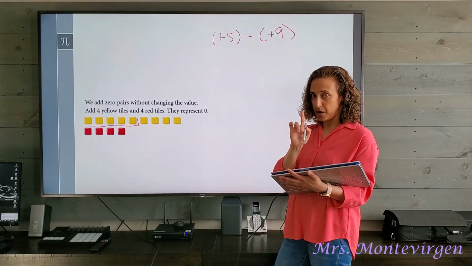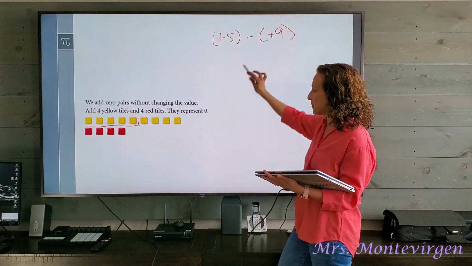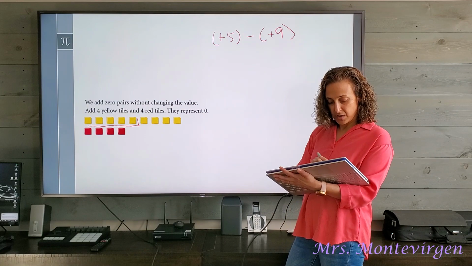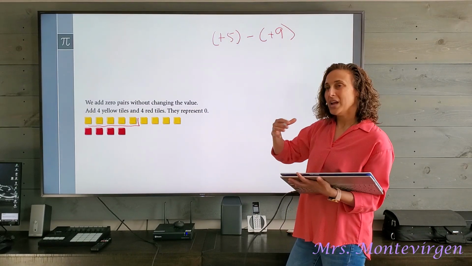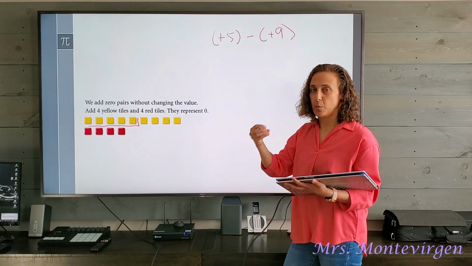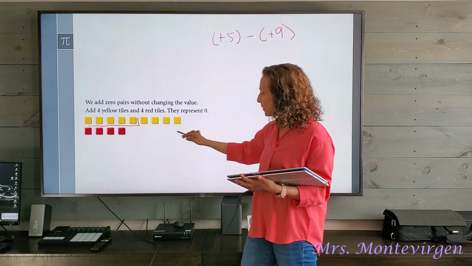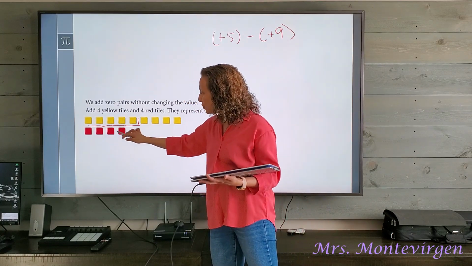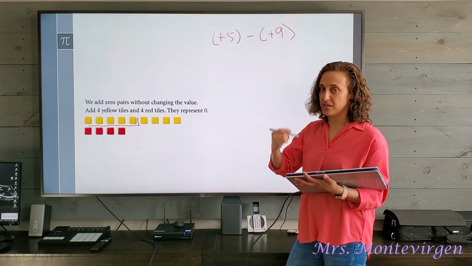You with me so far? And if I do that, now I get those 9 tiles, and that's exactly what I want. So I had to add 4. But when we do taking away integers, we have to think of 0 pairs. In this case, I added 4 positive tiles. I have to add also 4 negative tiles as well, because I want to create 0 pairs.